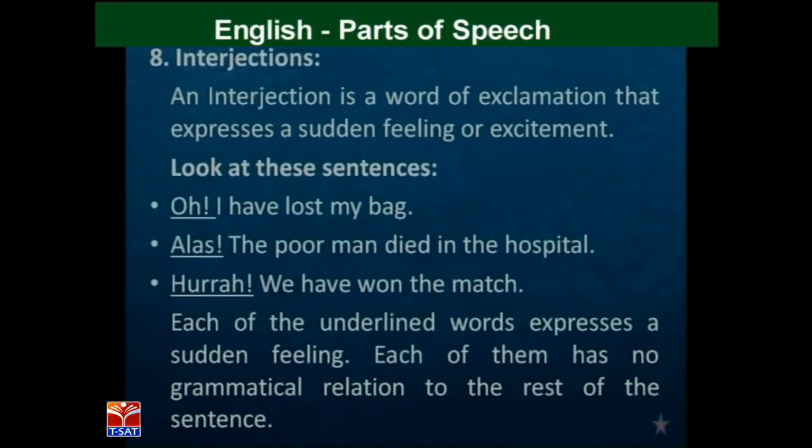These are all words used to express some sudden feeling. They are called exclamations, words of exclamation. So, interjection is a word of exclamation that expresses a sudden feeling or our excitement. Let us see some examples.